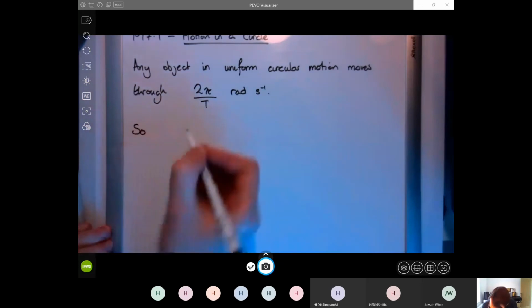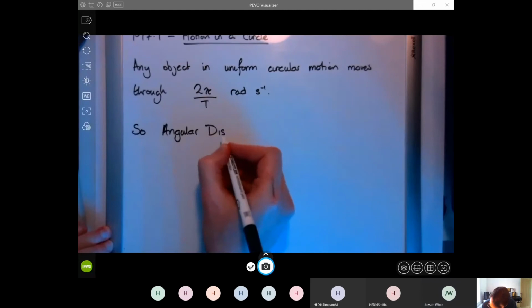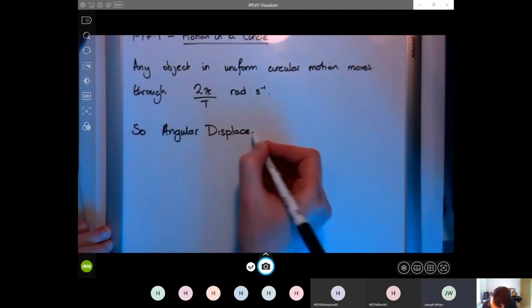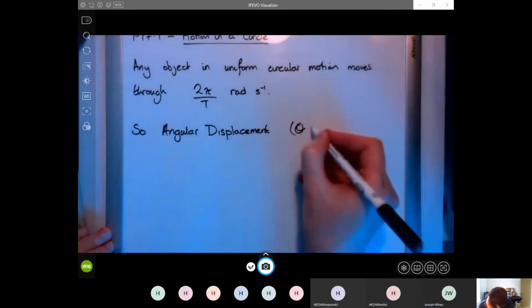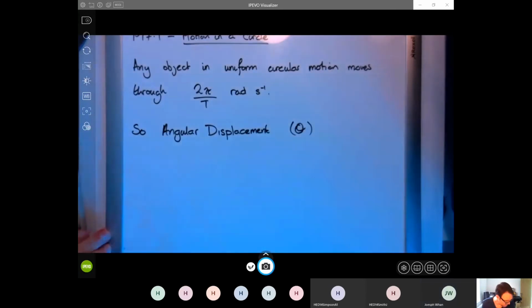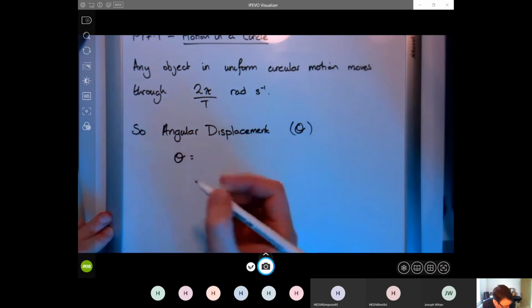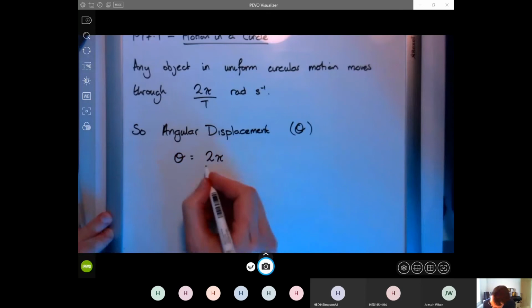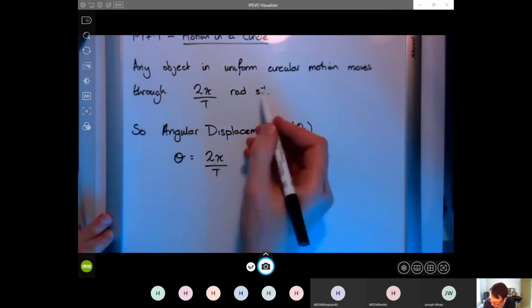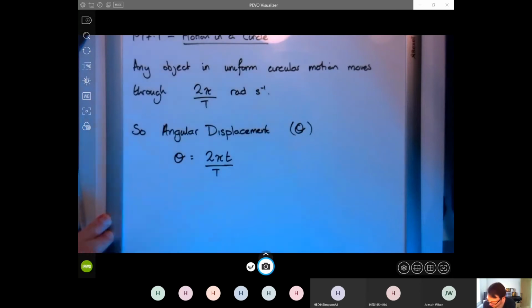So let's now deal with angular displacement. Angular displacement is going to be called theta. If it moves a certain number of radians in a certain amount of time, then we can say that theta is going to be equal to my 2 pi divided by T, which is how many radians it does per second, but we want it in radians, so I'm going to multiply it by the amount of time you have.